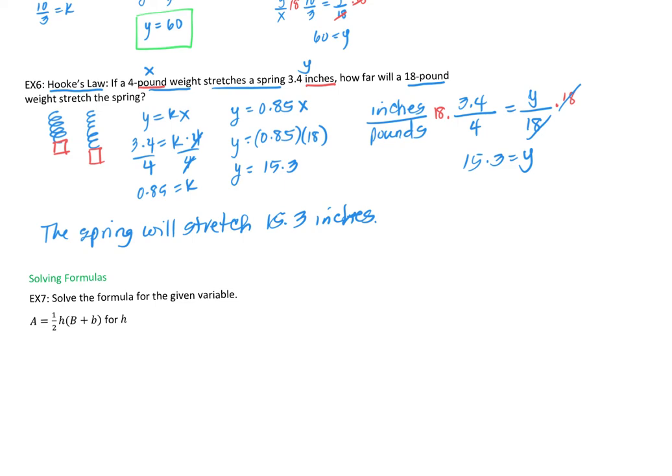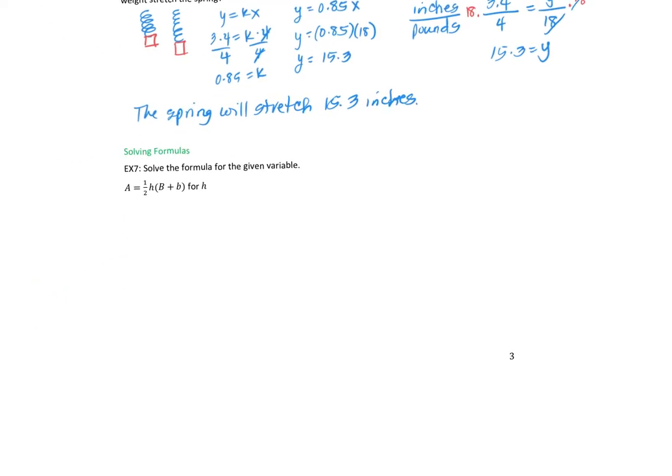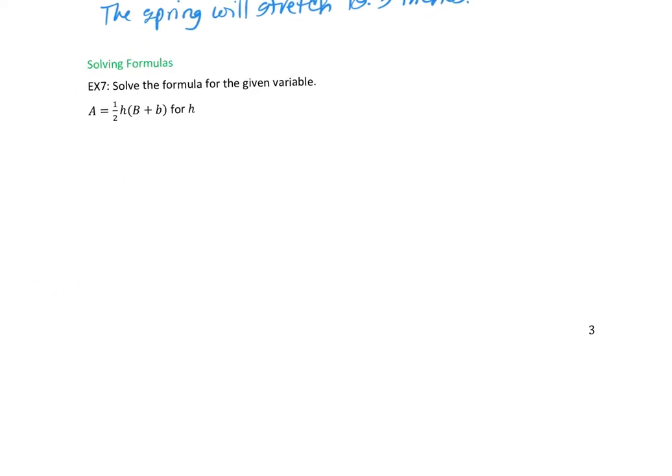So again, either way. The very last thing we're going to talk about is solving formulas. So sometimes when you're working with formulas, maybe you don't want it to be, like in this particular case, in example 7, I have A equal to 1/2 H times big B plus little b. If you don't know that formula, that's the area of a trapezoid.